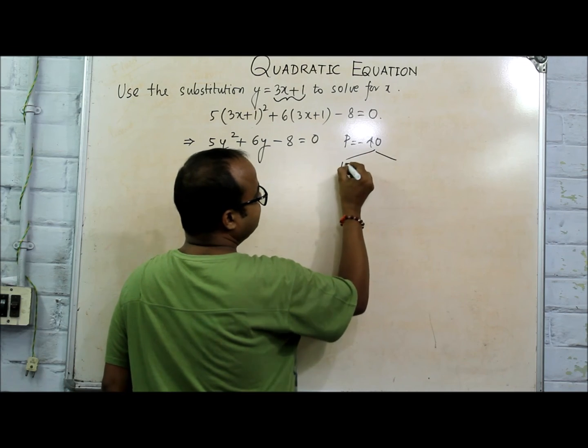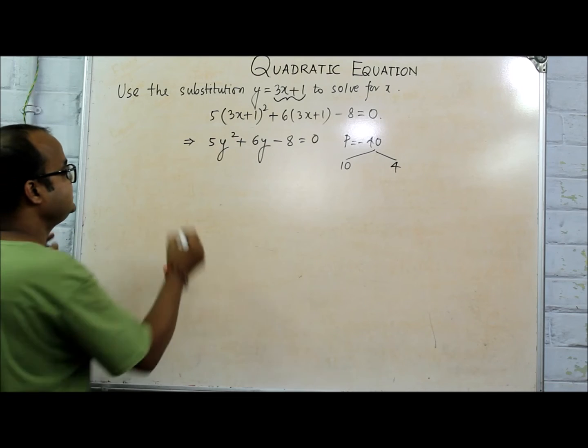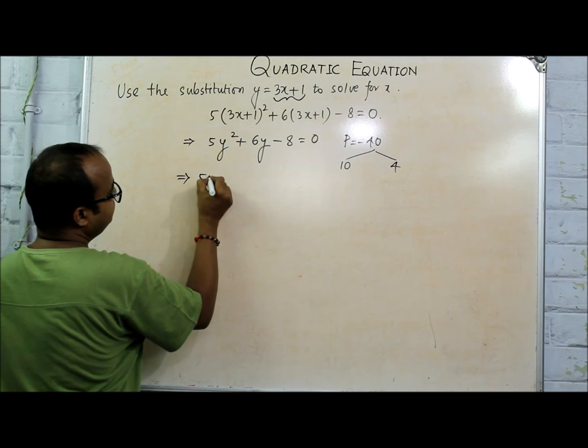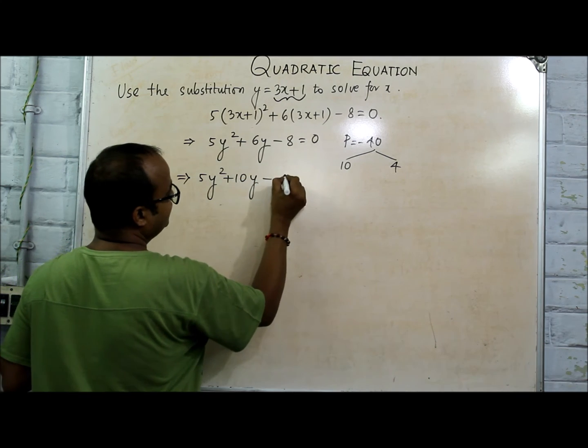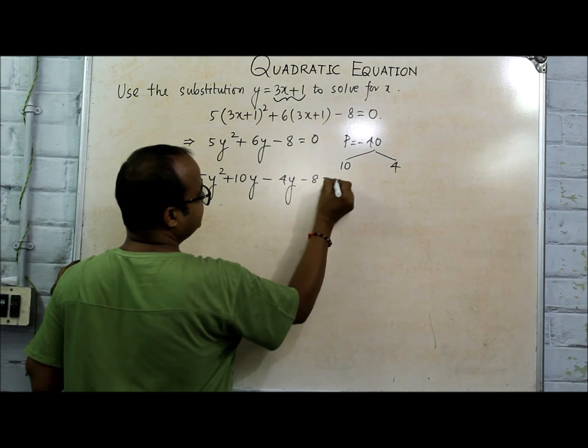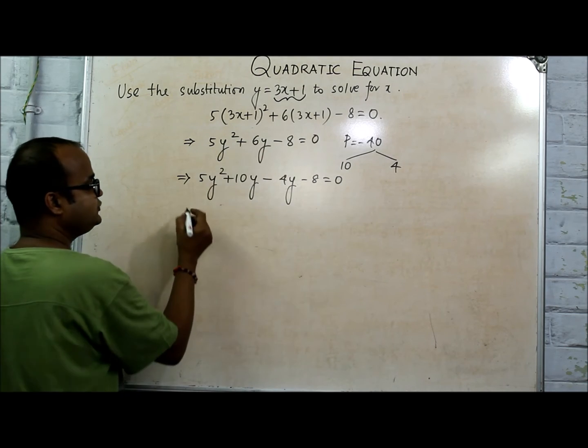So 10 and 4. Once you subtract 10 and 4, we get 6. So 5y square plus 10y minus 4y minus 8 is equal to 0. 10y minus 4y is equal to 6y.